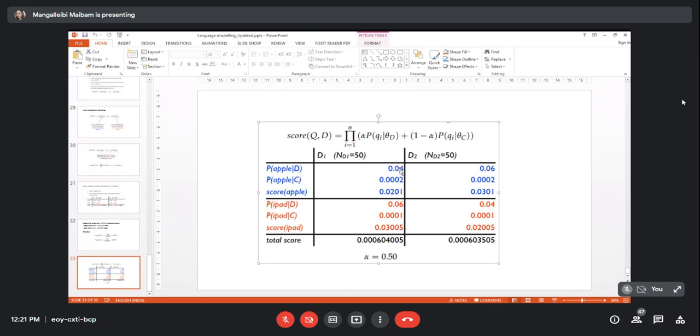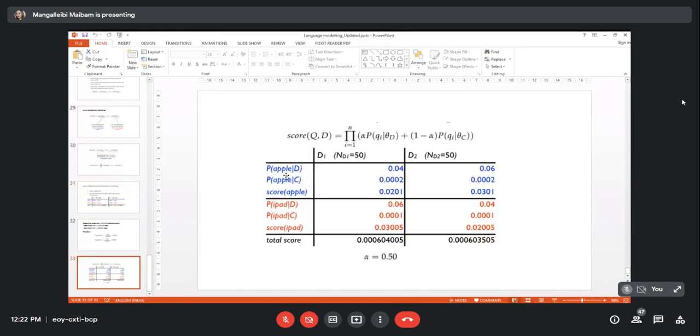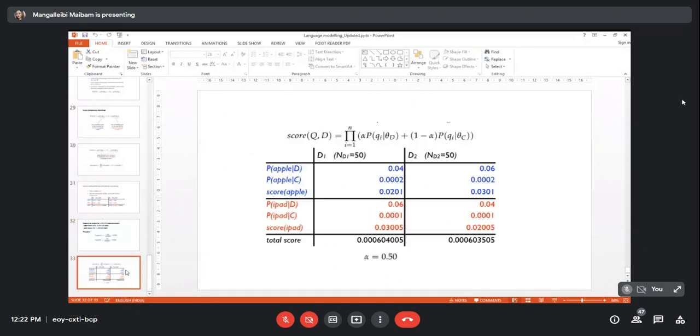The probability of apple in the document D1 and in the document D2 is 0.04 and 0.06, taking the values from here. Now, the probability of apple in the entire collection is 0.0002, so we have written it here.